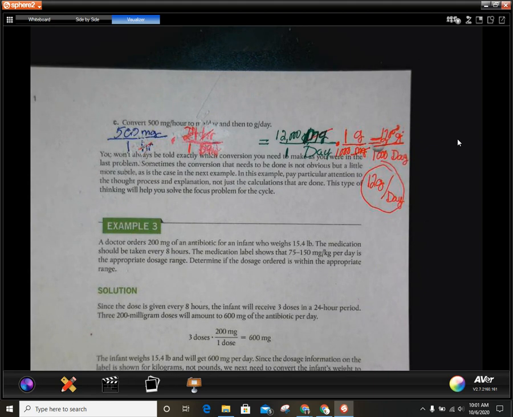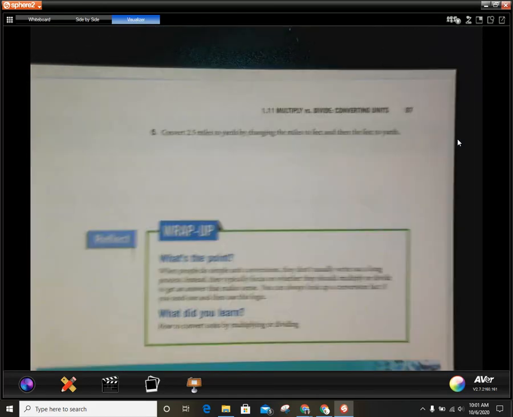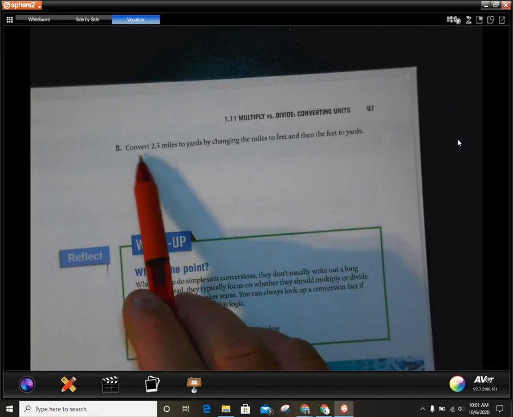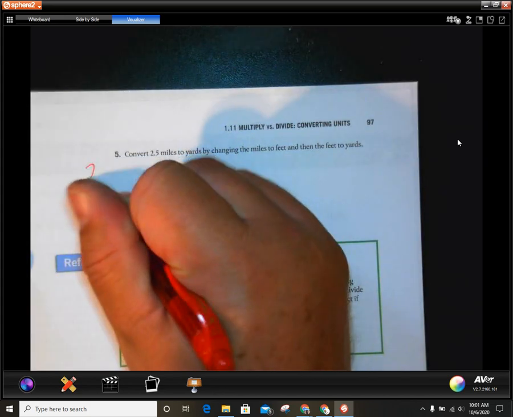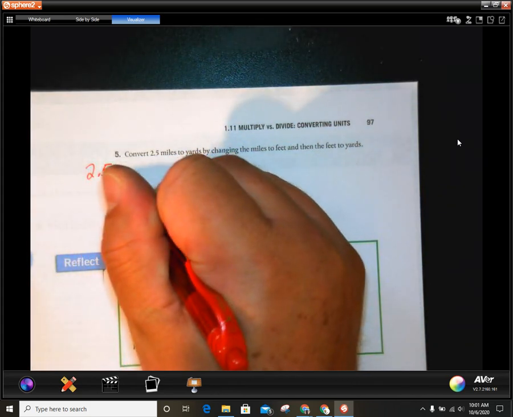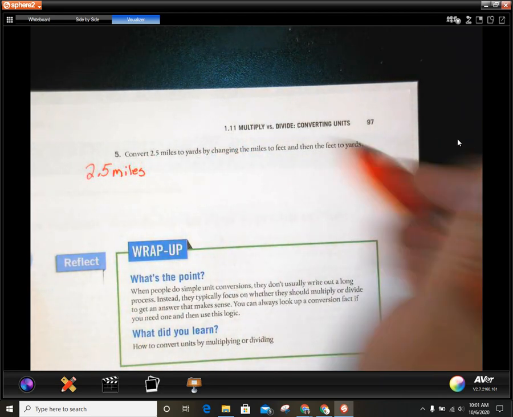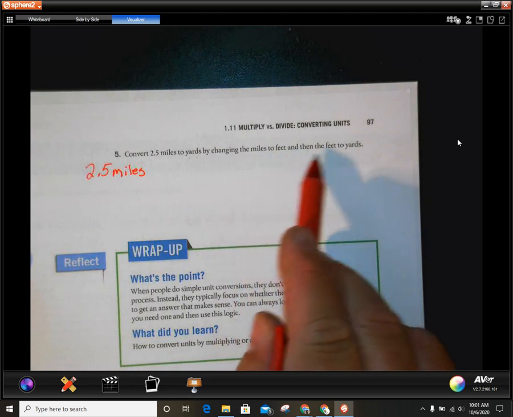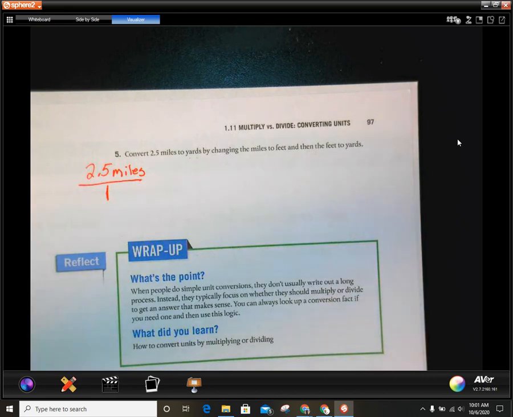Oh, now we have another one. Number 5, convert 2.5 miles to yards. So you have 2.5 miles, and they don't give us any unit for the denominator, so I'll put it over 1.